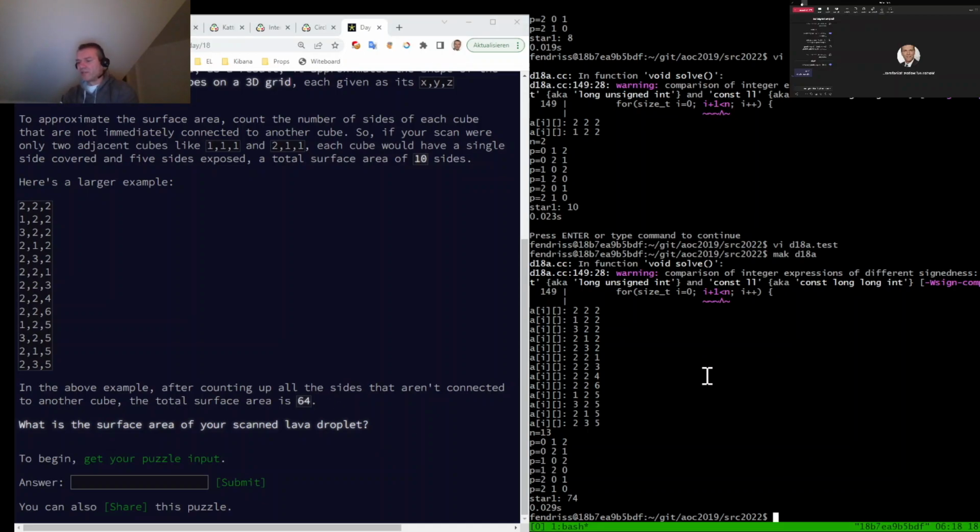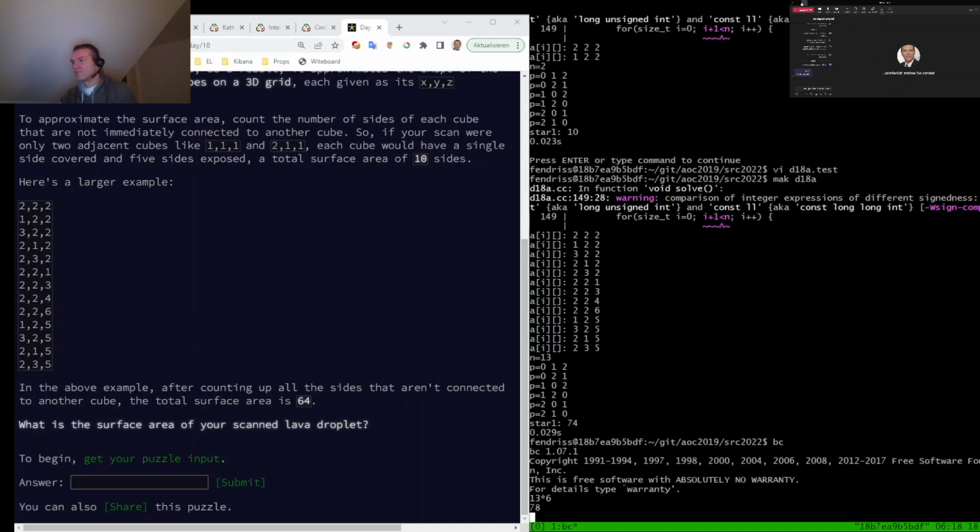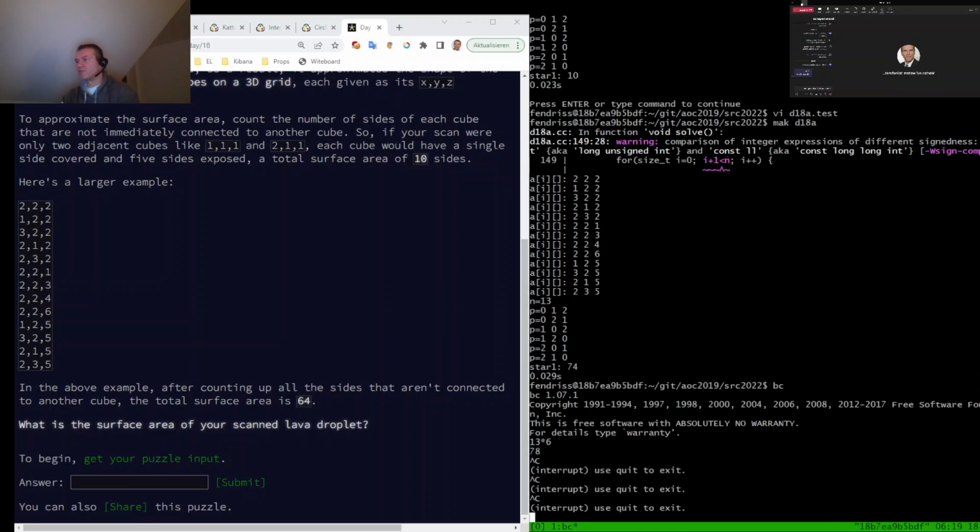So 13 times 6 is 78. So 14. So it looks like 7 droplets are connected to each other. I will output them.